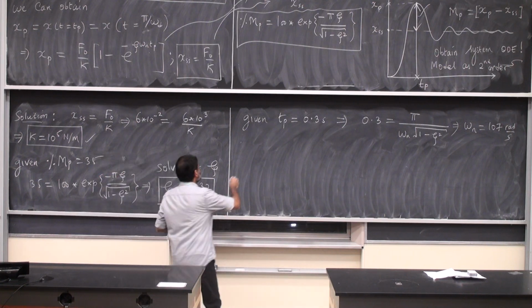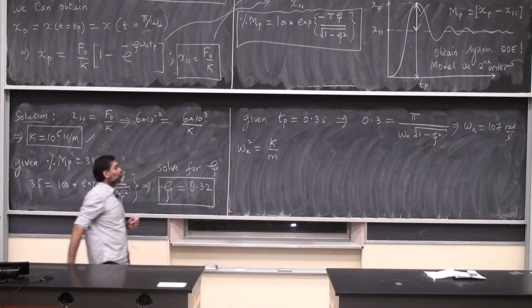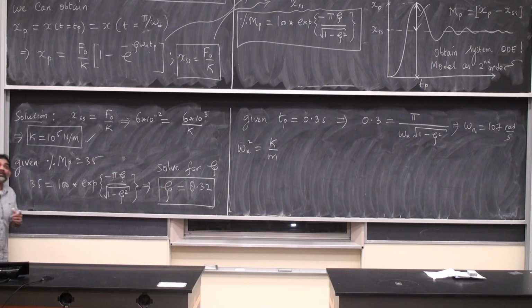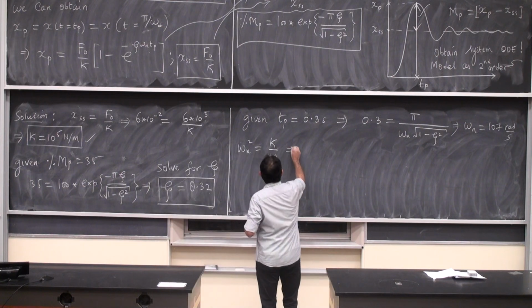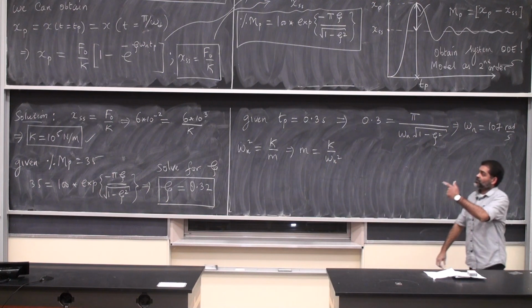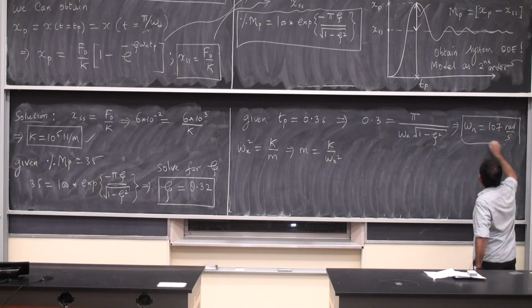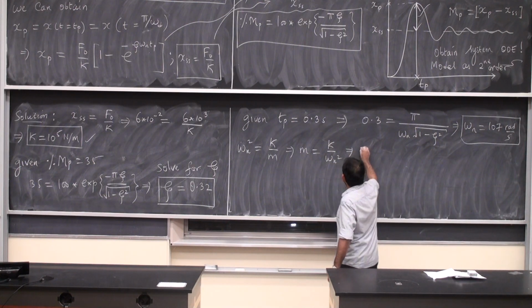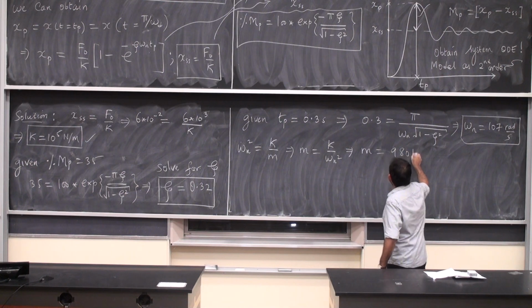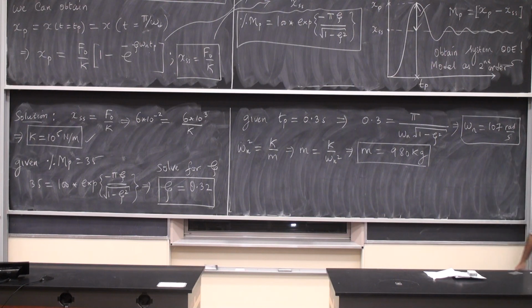These are the numerical answers. Once I have omega_n, omega_n squared is k by m, so the mass is k by omega_n squared. K is 10 to the power 5, omega_n is 107. Put a box and then forget it. So the mass becomes, after doing the calculation, 980 kilograms. It's a massive body. No joke here.